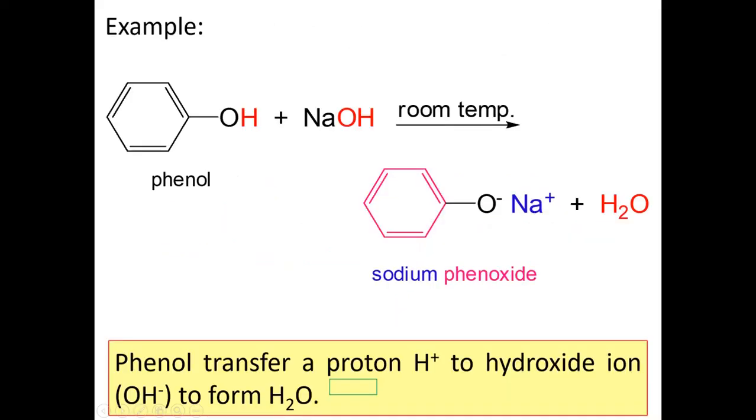Phenoxide comes from the naming phenyl. When phenyl combines with oxide ion, it will be phenoxide plus H2O. Phenol transfers a proton to the hydroxide ion to form water.